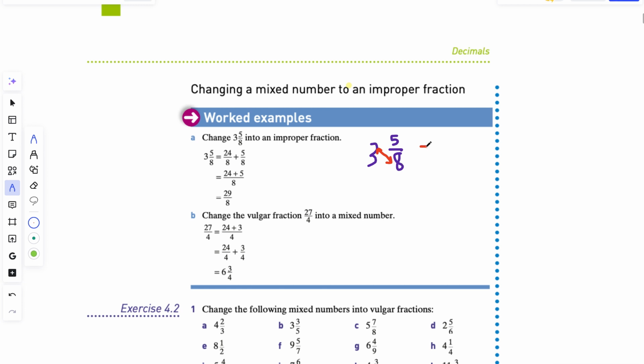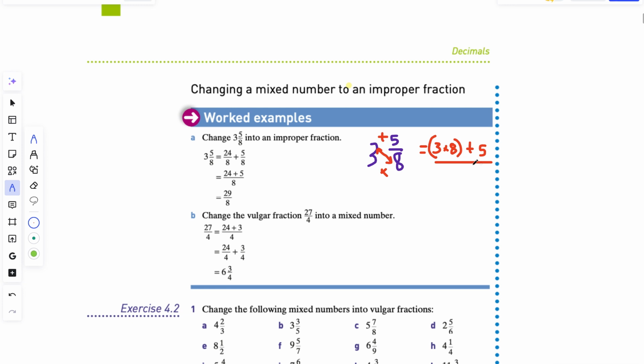Then you can put a bracket so as not to be confused about the next step. Then we go to add: plus 5, and all of that over the denominator.